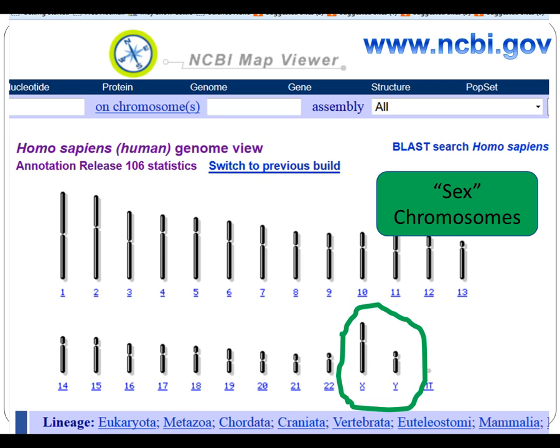What was mentioned is that the 23rd chromosome does dictate the gender of a developing fetus. That 23rd chromosome dictates the gender of a person.